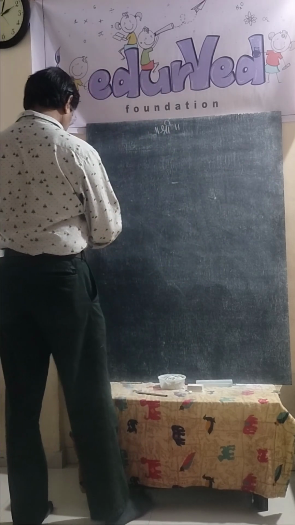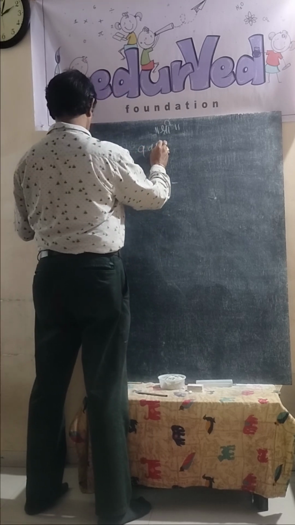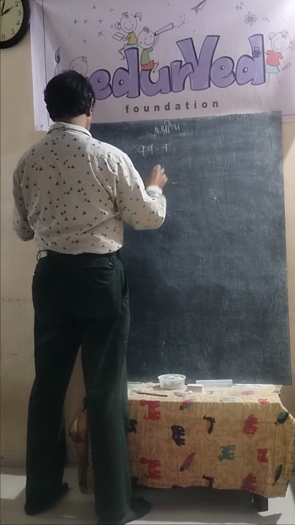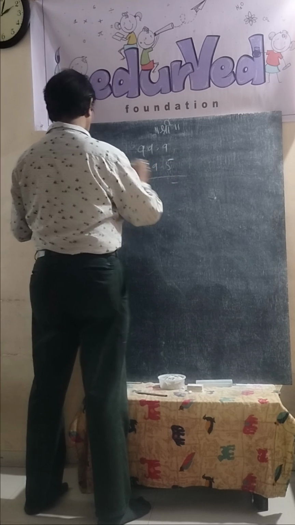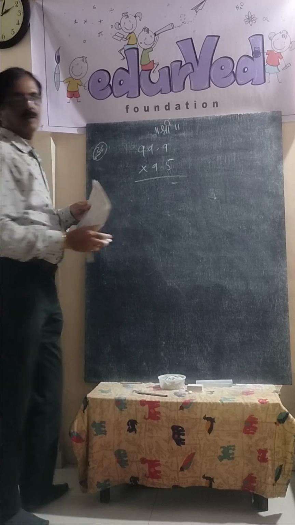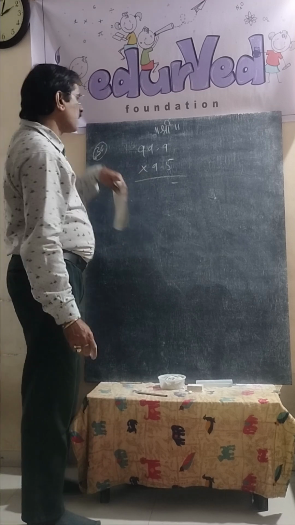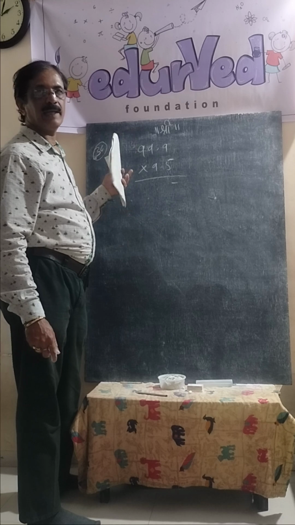Now let's see one more sum. 99.99 into 5. This was the 36th sum. Now we have a category, multiplication by 99.